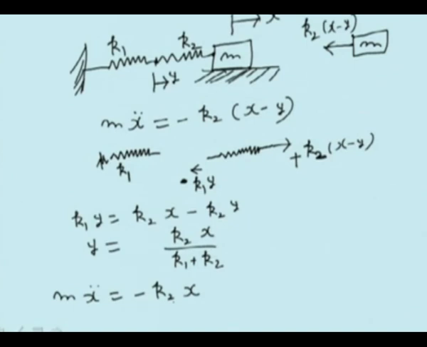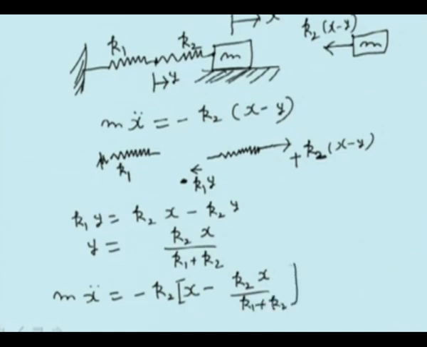So m x double dot is equal to minus K2 (x minus y), where y is K2 x divided by K1 plus K2.